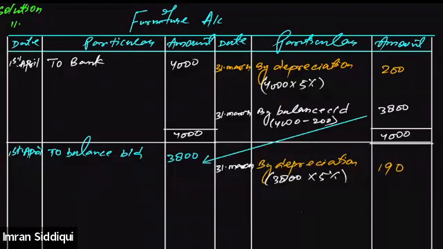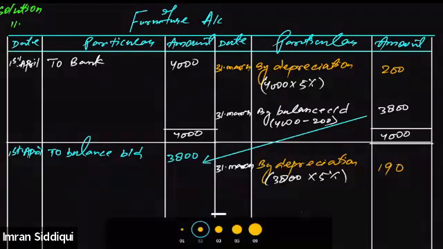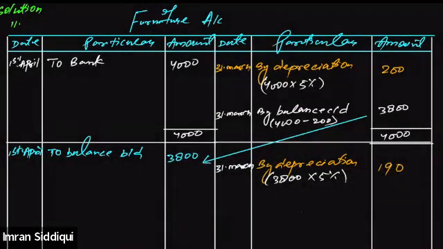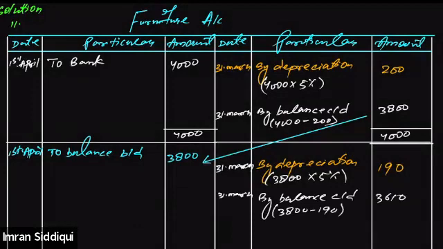All right, and now we will find out the closing balance of this year. By balance CD for the next year will be 3800 minus 190, which is 3610.